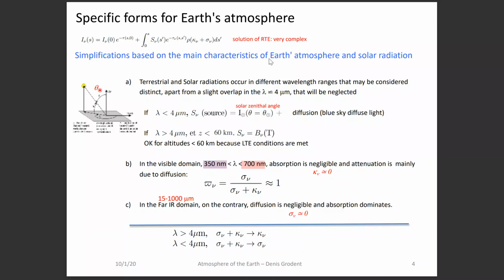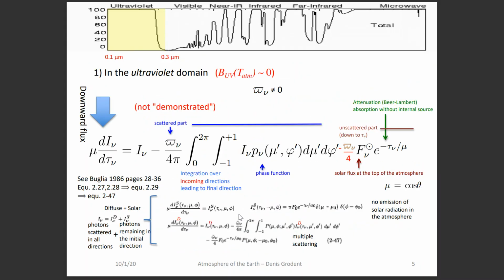So this is mainly what we just explained. In the UV domain, we have the black body emission, which is approximately equal to zero. So the variation of the intensity of light is equal to the initial one, to which we will have some scattering, and some attenuation due to the absorption.